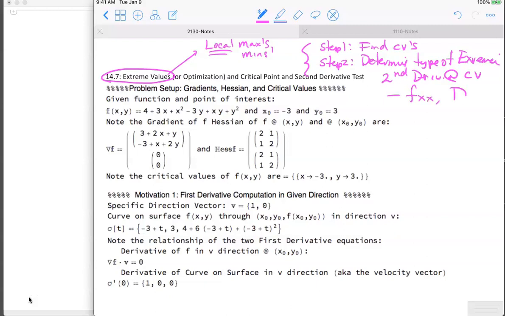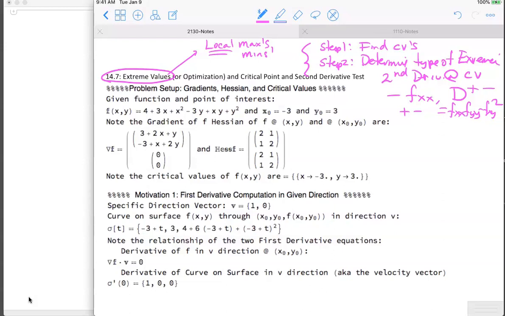You need to determine the discriminant d, which is equal to fxx fyy minus fxy squared. And you need to determine the signs of those, positive or negative. Depending on the signs of fxx and the discriminant d, that will determine whether you have a local maximum or a local minimum.